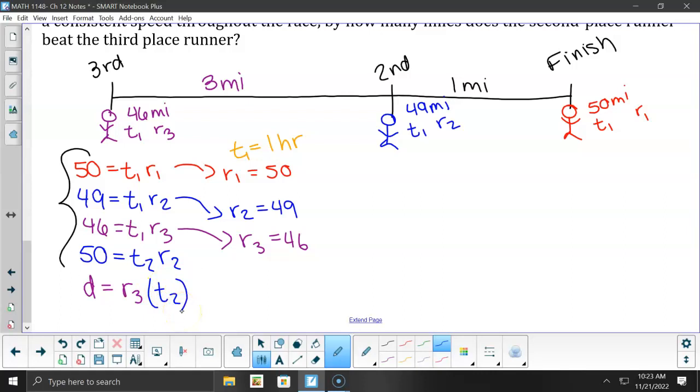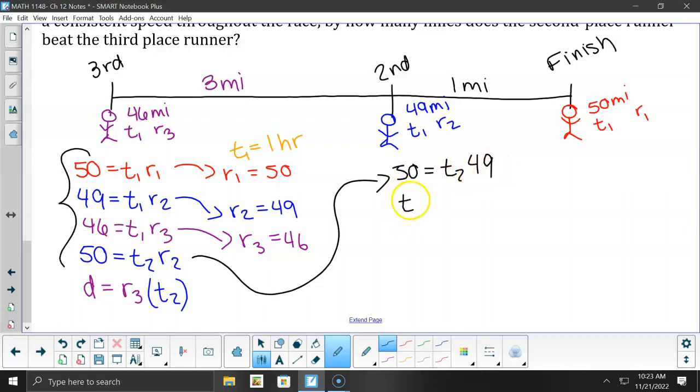We're trying to figure out where that third place person is. So if I now know this rate, can I solve for time 2? All right, so I'm going to drag this over and say, okay, it's 50 equals time 2 times 49. So time 2 is 50 divided by 49.